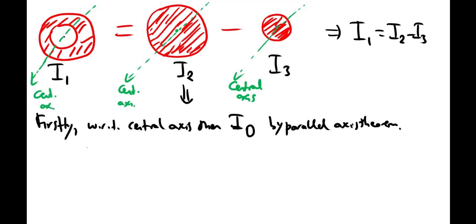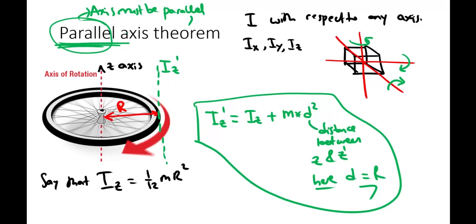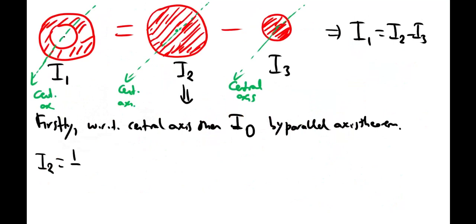Okay, now let's try to find it. Firstly, the I2 value. And then let's go back to the table here. With respect to the central axis z, that is 1/2 mr squared. Similarly for the second one.